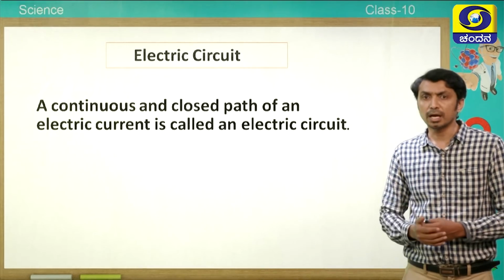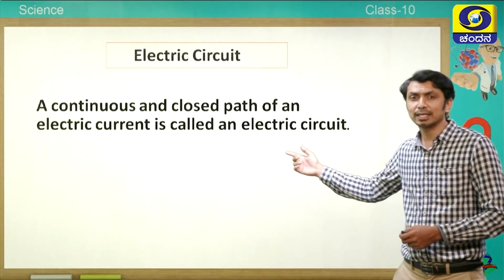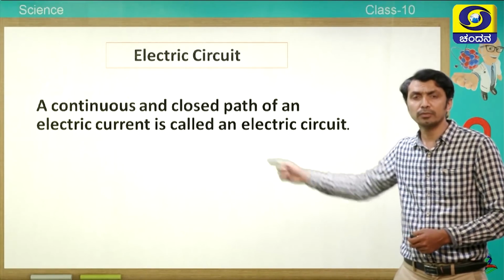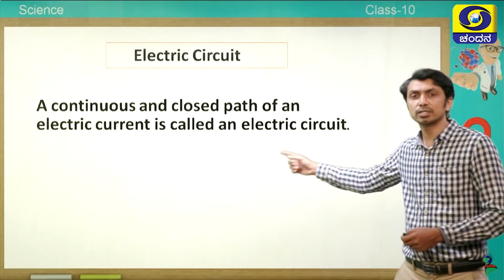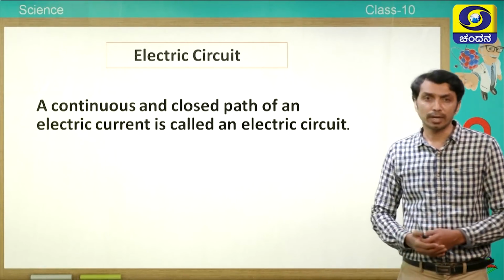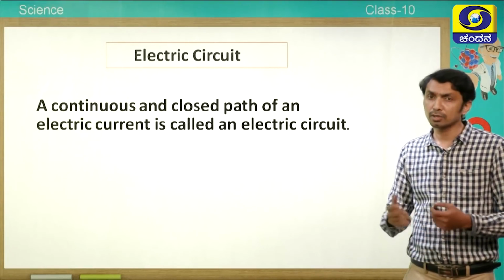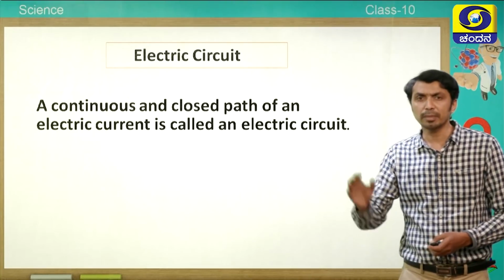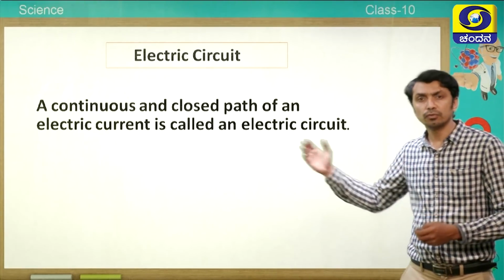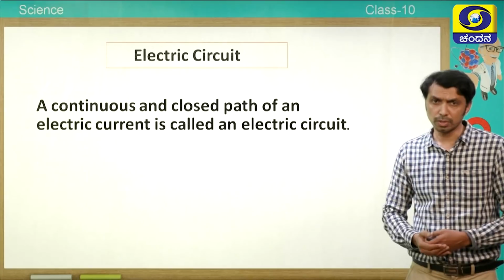You have just seen how the electric current is flowing only when the circuit is closed, right? So a continuous and closed path for electric current is called a closed circuit. We need to arrange the components in a specific manner for the electric current to flow inside the circuit.